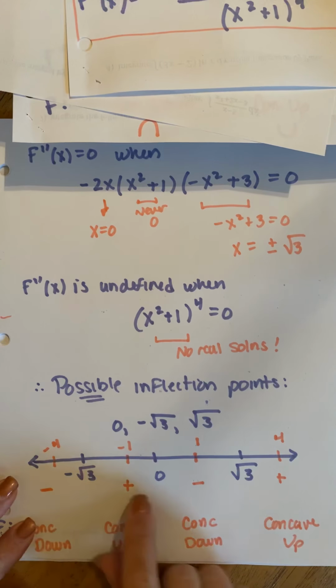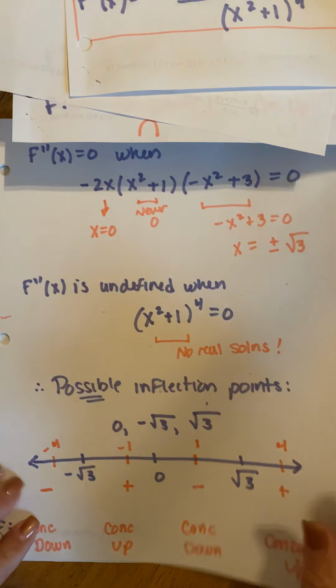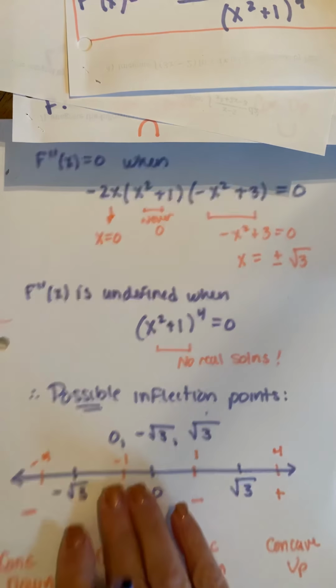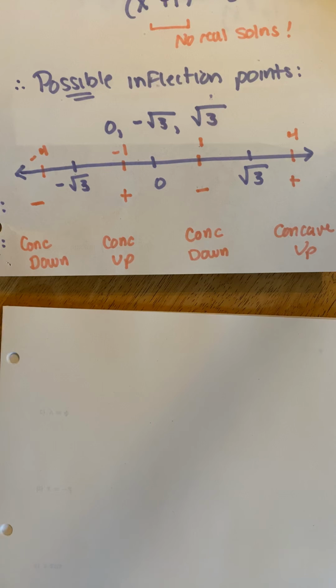If it went negative, positive, positive, negative, then 0 wouldn't have been an inflection point, but that's not the case here. So let's make our conclusion, finish this up, and you can work on some problems on your own.